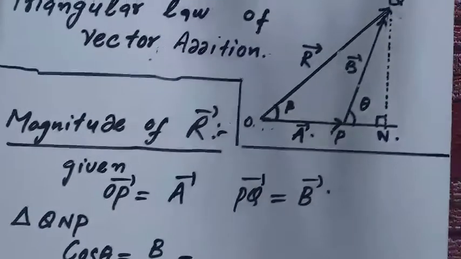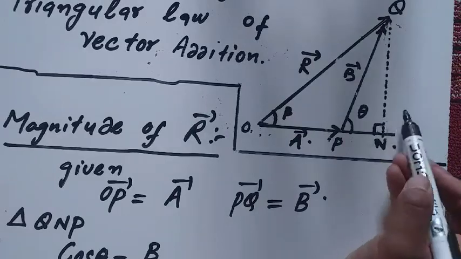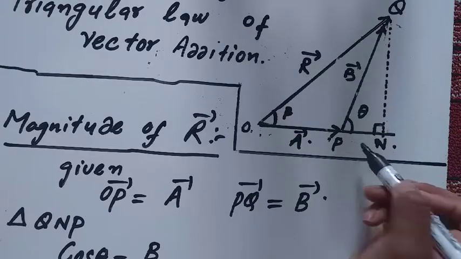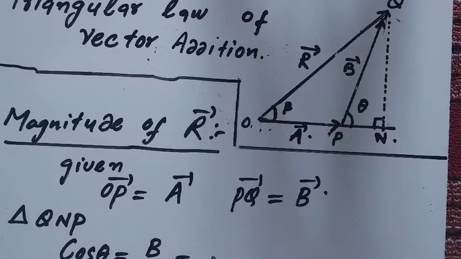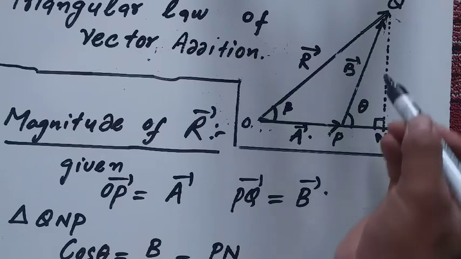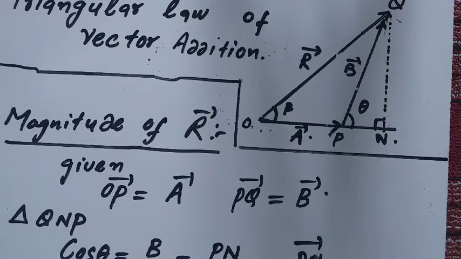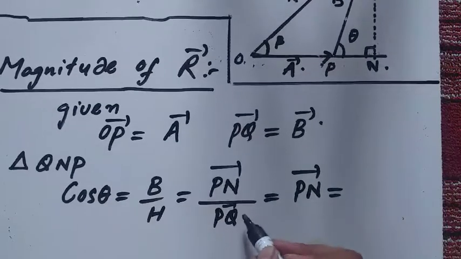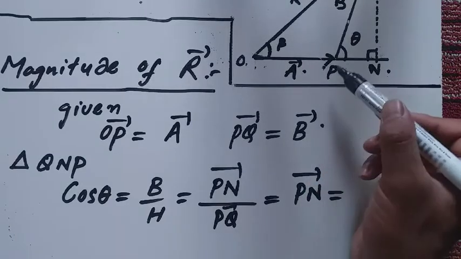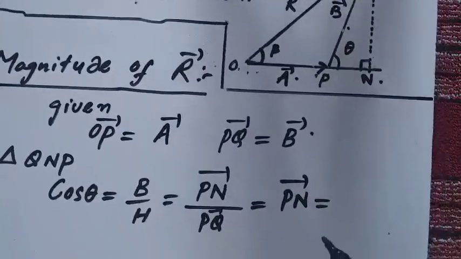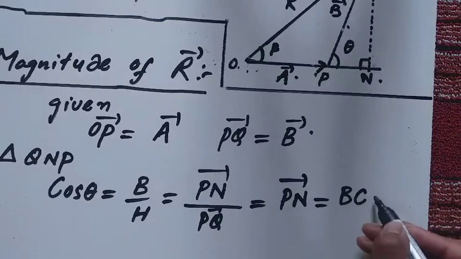Here our base is PN, and hypotenuse is PQ. So we get PN is equal to, this PQ is already equal to B, so B cos theta.